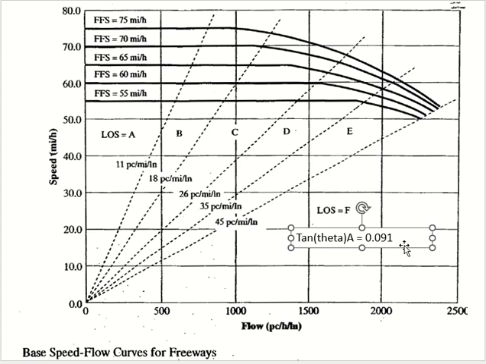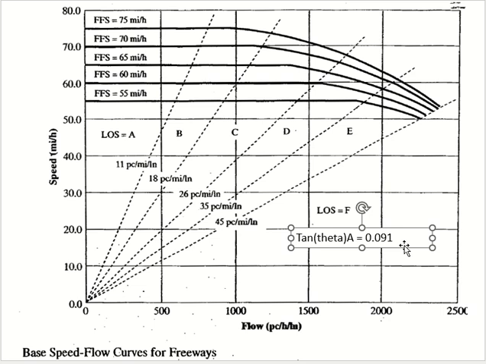Okay. Why am I calling it tangent theta? Because it's a slope, right? How did you get 0.091? Inverse of density. Okay, and density was what? Flow upon speed. You did the inverse, it became what? Speed upon flow.